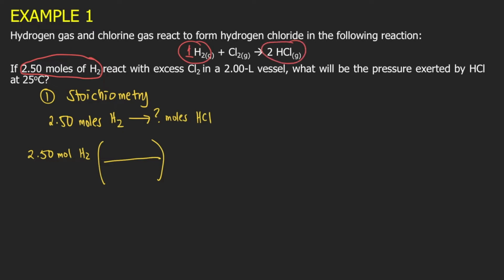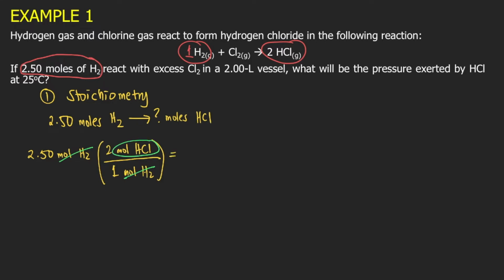So you plug that in. 1 mole of H2 forms 2 moles of HCl. So moles of H2 cancels out, and now you are left with moles of HCl.